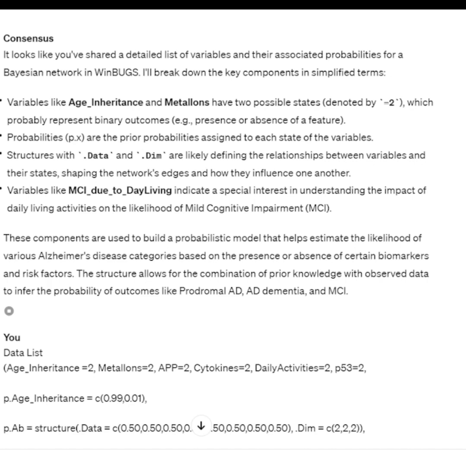Variables like MCI due to daily living indicate a special interest in understanding the impact of daily living activities on the likelihood of mild cognitive impairment, MCI. These components are used to build a probabilistic model that helps estimate the likelihood of various Alzheimer's disease categories based on the presence or absence of certain biomarkers and risk factors. The structure allows for the combination of prior knowledge with observed data to infer the probability of outcomes like prodromal AD, AD dementia, and MCI.